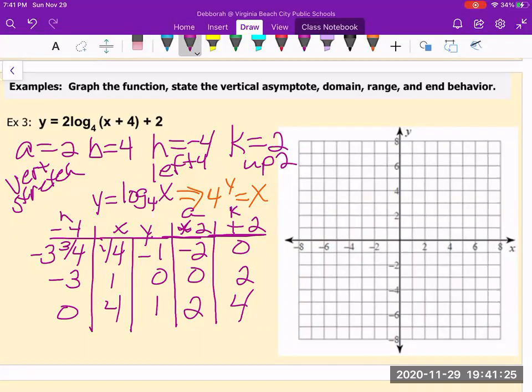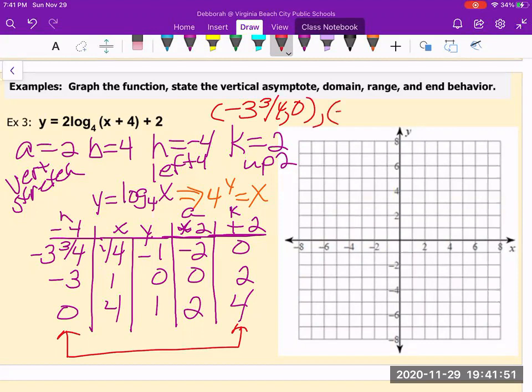The values in this resulting x column and resulting y column are our coordinates that we are actually going to graph here. So we're going to be graphing the points (negative 3 3/4, 0), (negative 3, 2), and (0, 4).